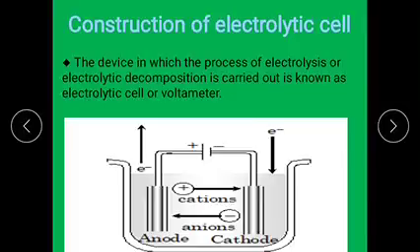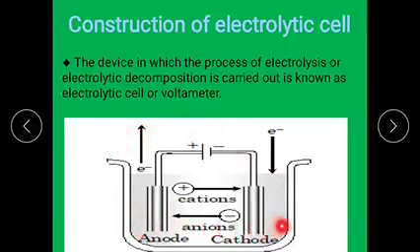The device in which the process of electrolysis or electrolytic decomposition is carried out is known as electrolytic cell or voltameter. This total setup is the voltameter.